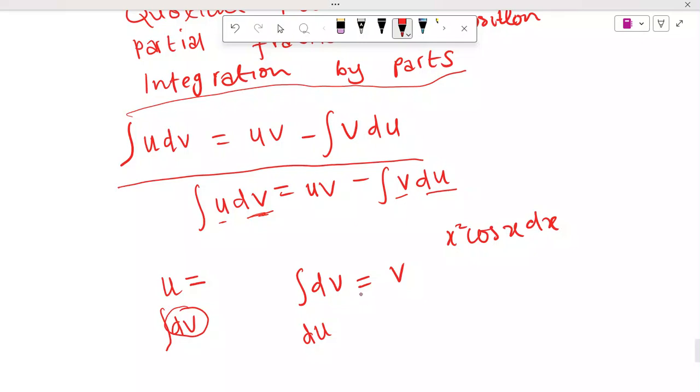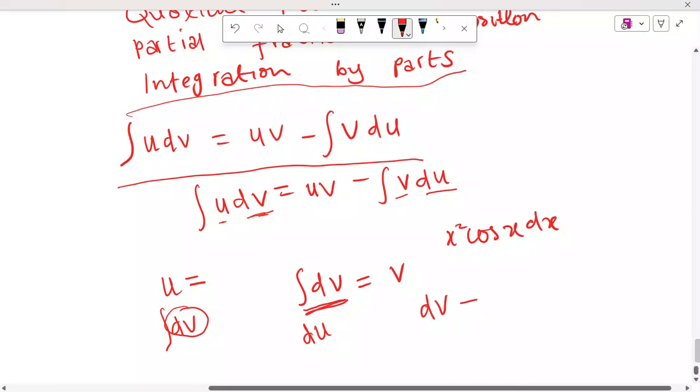There are complex questions where you can't just pick directly. So dv is easy to integrate, and u is easy to differentiate.